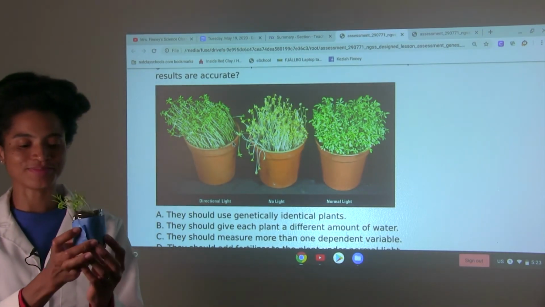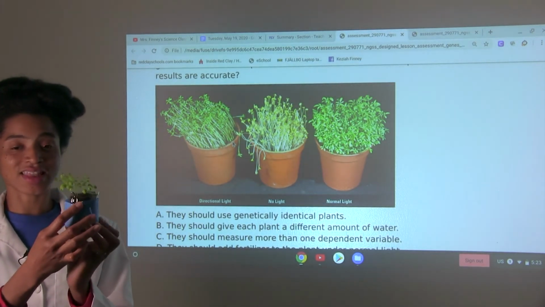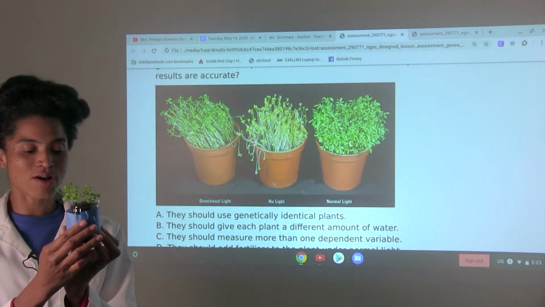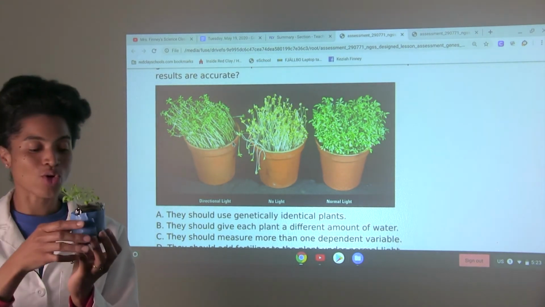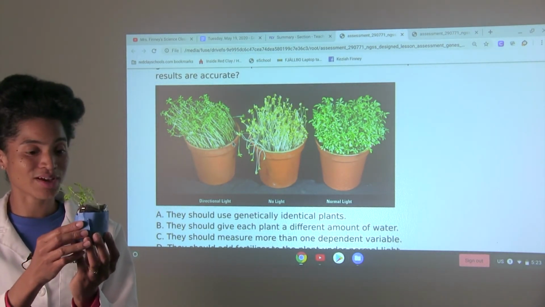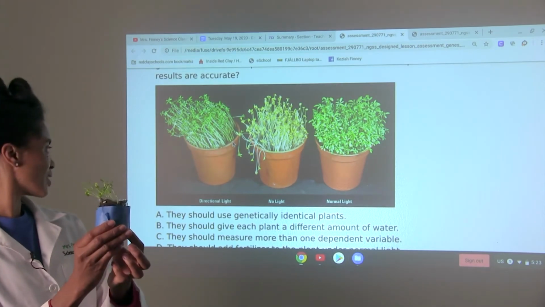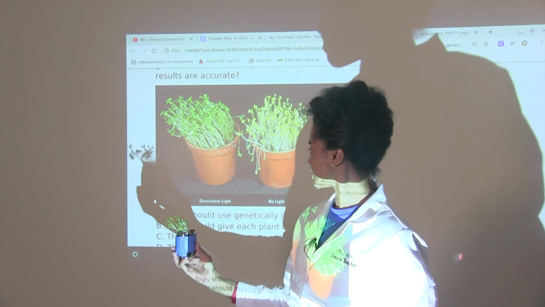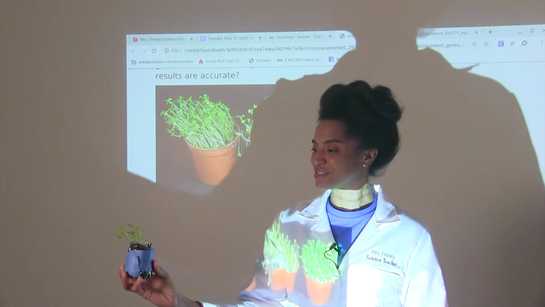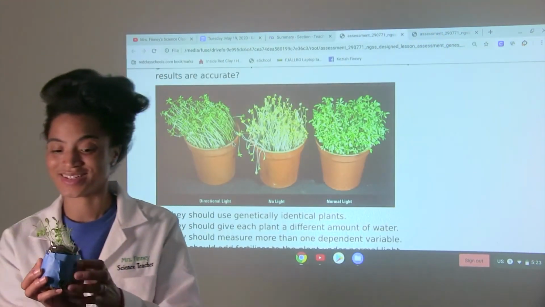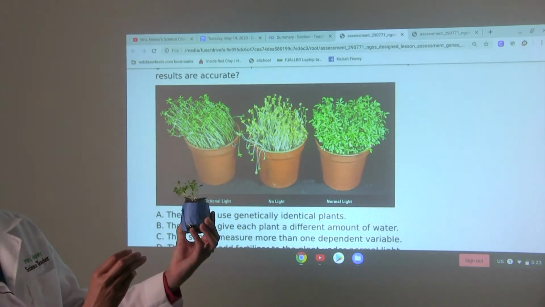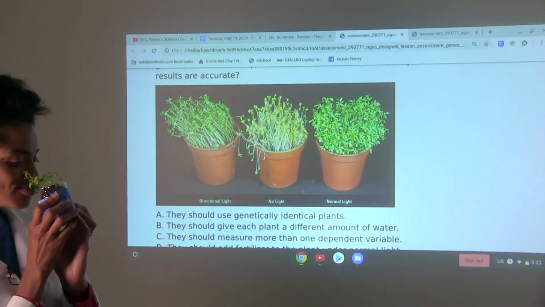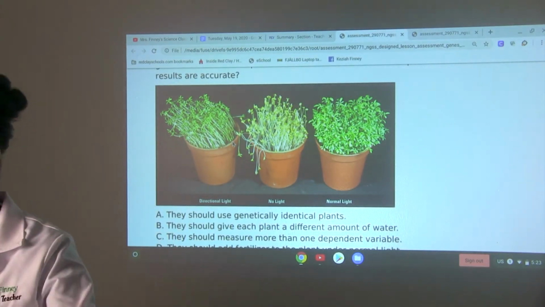This is lettuce, I put the seeds in on May 10th. Look at that. Directional light. Similar to the picture. I had to share this with you. So lovely to grow your own.